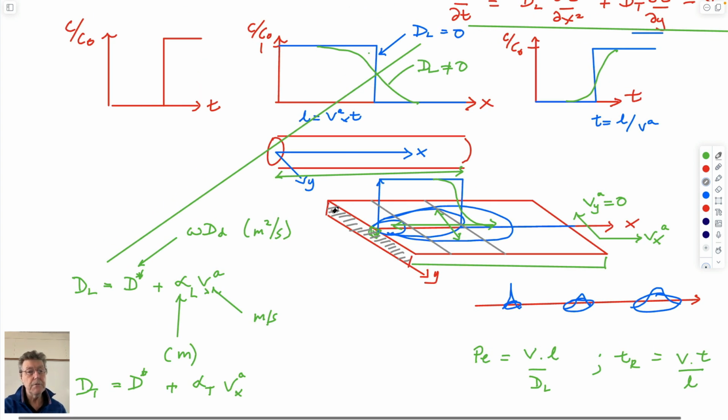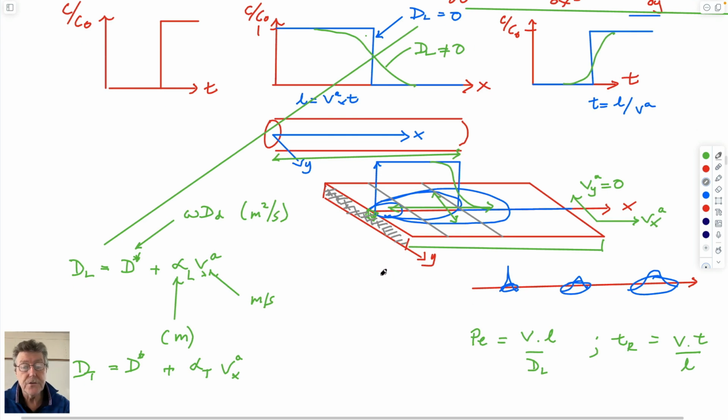If you have the same amount of stuff released here, here, here, and here, then it's moving down gradient, it's trying to spread laterally, but the piece next door to it is trying to go down gradient and spread laterally into it. And so it effectively becomes a one-dimensional problem. Even though it's a 3-dimensional problem, the actual distribution of the spill renders it one-dimensional.